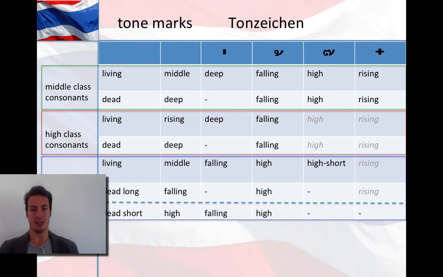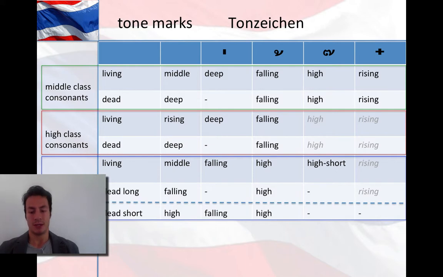And these are actually not in use in modern Thai language, but the rule exists for them. Diese werden im Thai nicht verwendet, aber die Regeln dafür sind trotzdem hier dargestellt. And then there are other boxes where there is just a minus. Dann gibt es andere Boxen, wo nur ein Minus drin steht. These combinations are not in use at all. They do not exist. Diese Kombination gibt es nicht, weil sie keine Verwendung hat.